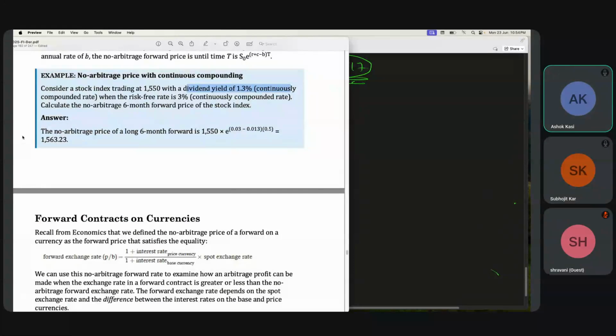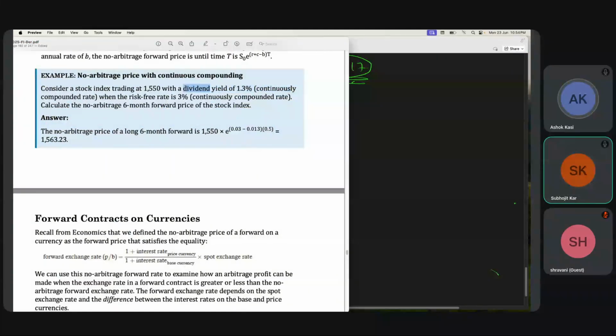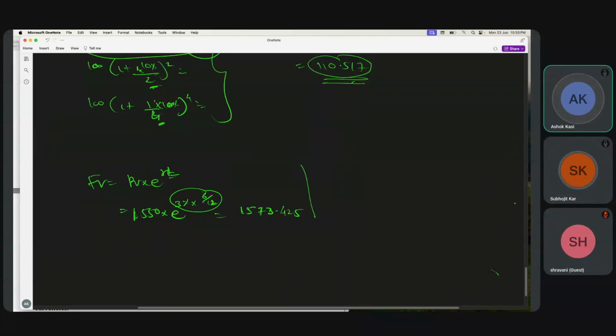So right now, how I have done this question is, if the dividend yield part is not there in the question. Assume this part is not there. So how did you get this amount 1573.425?